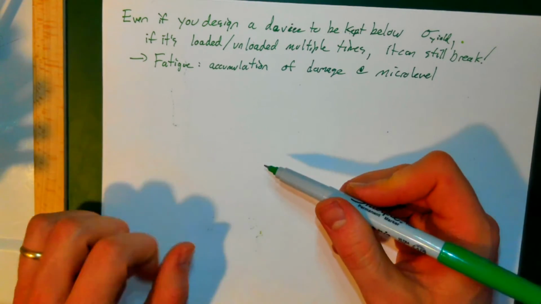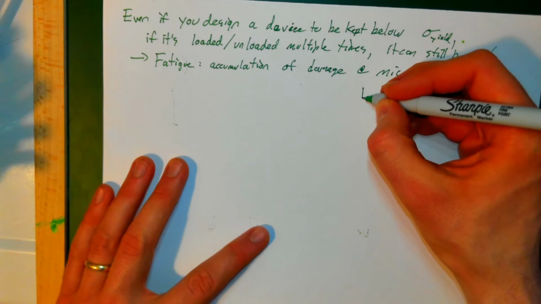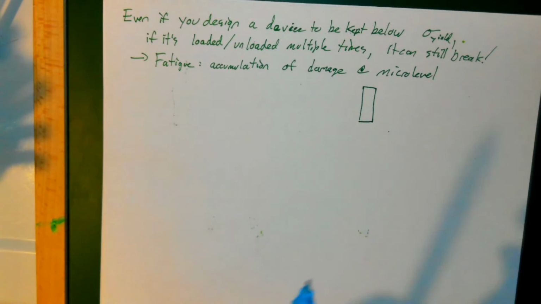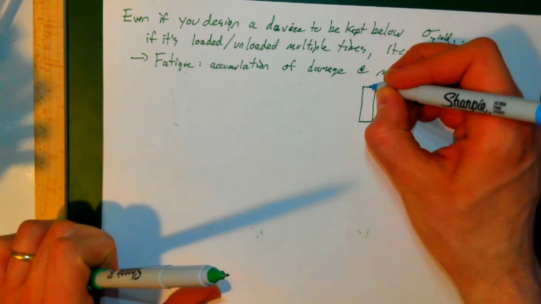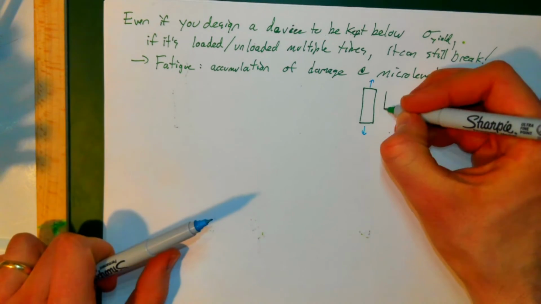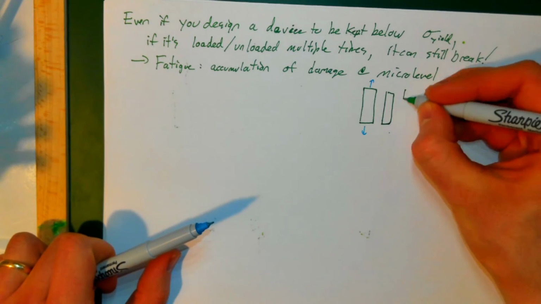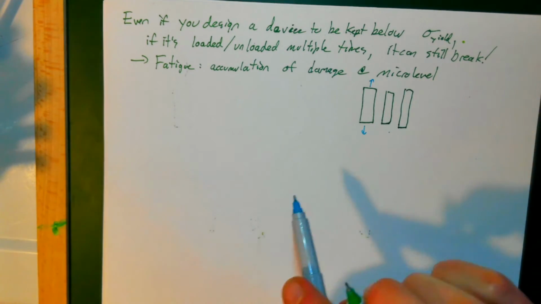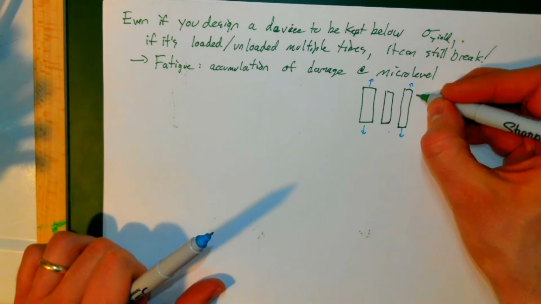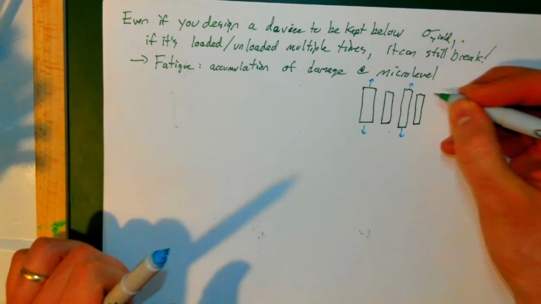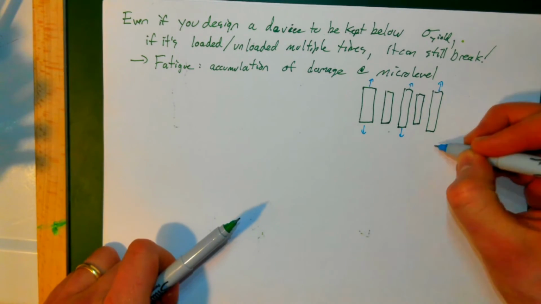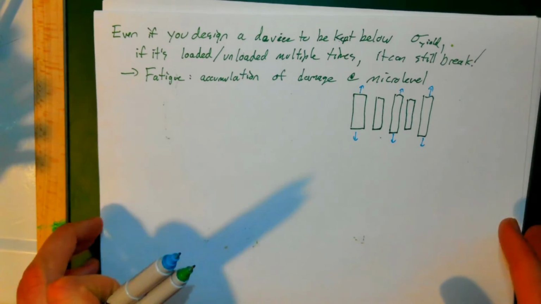Basically, if you have some device, I'm going to use tension as an example here, you stretch it out and then let it go back, and then stretch it out again, and then let it go back, and then stretch it out again, and then let it go back.